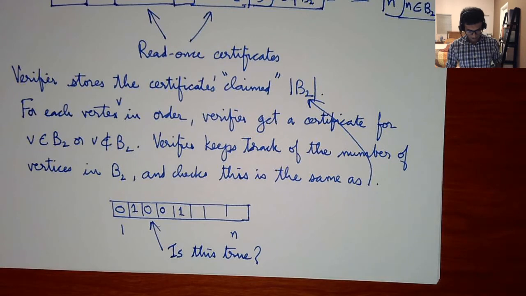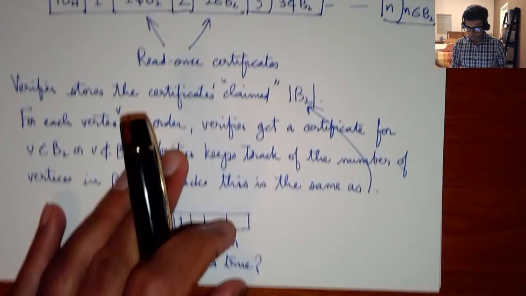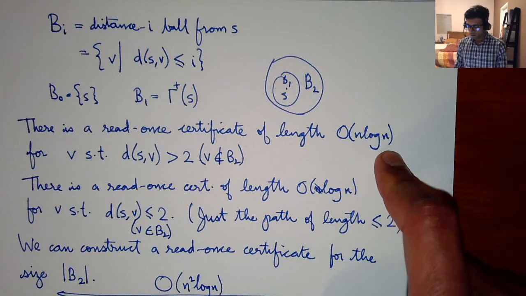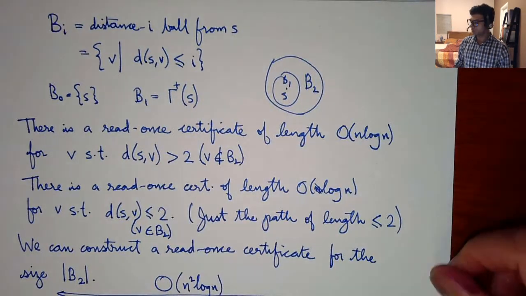So let me go back to what I said earlier, that there is a read once certificate of length n log n for the distance being greater than 2.